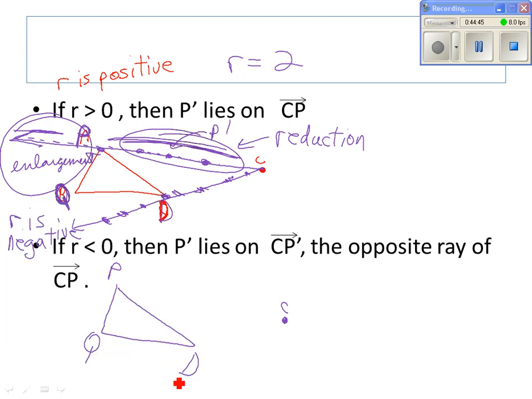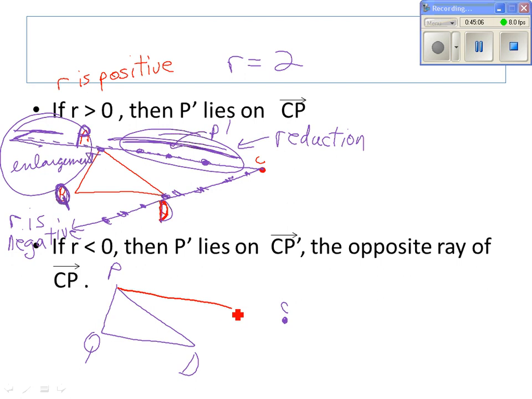Now watch carefully on this one. This one's a little different. So instead of drawing our ray from C through P out this way to the left, where's it going to start at? It's going to go the other way. So it's going to go like this.